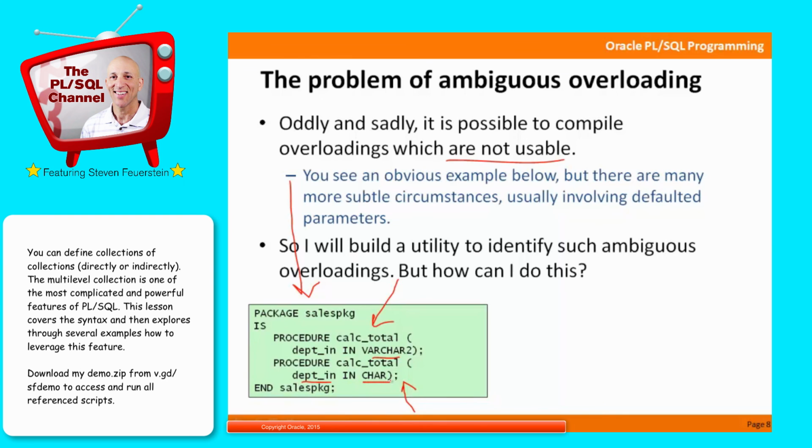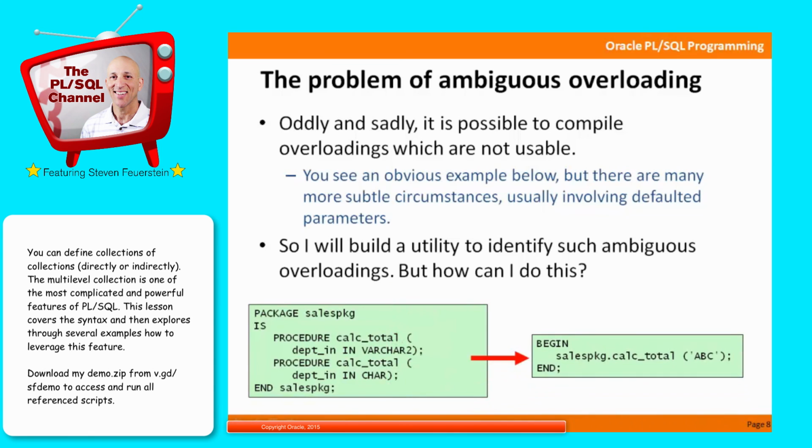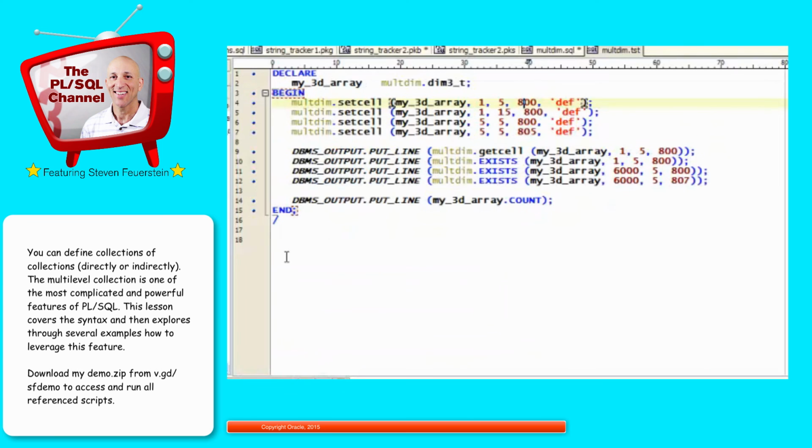Now, unfortunately, that's enough of a difference, varchar2 versus char, to allow Oracle to compile this package without errors, which I think is a really bad idea because it turns out there is no way to actually call the program. Any way that I try to call the program will result in an ambiguous overloading, which means that Oracle can't figure out what to do.